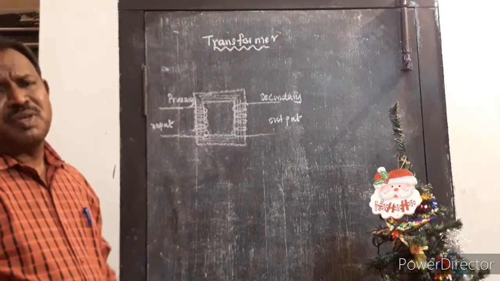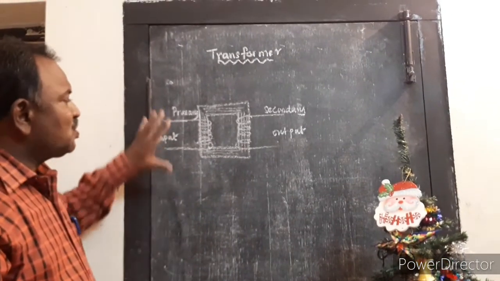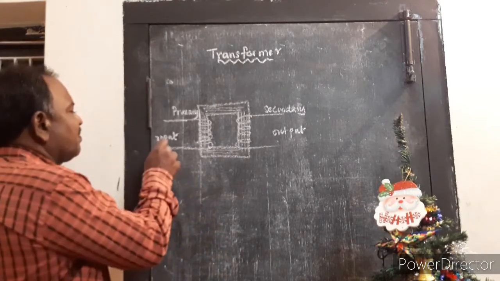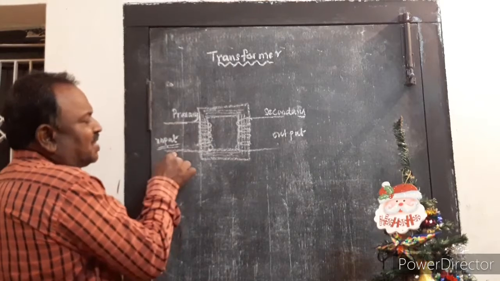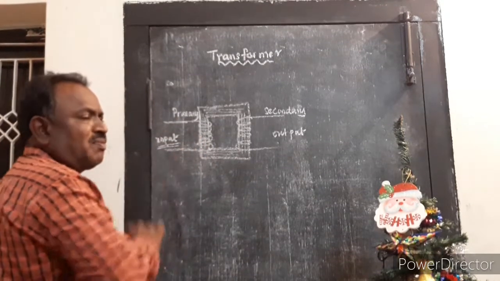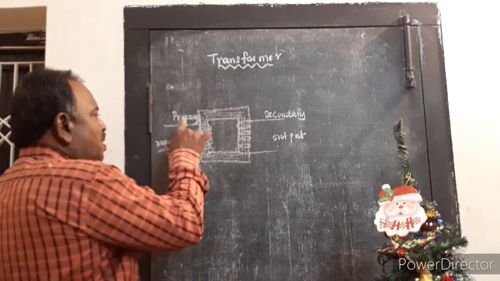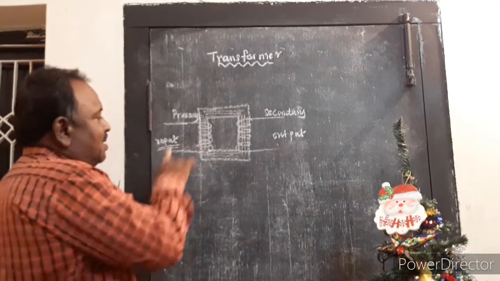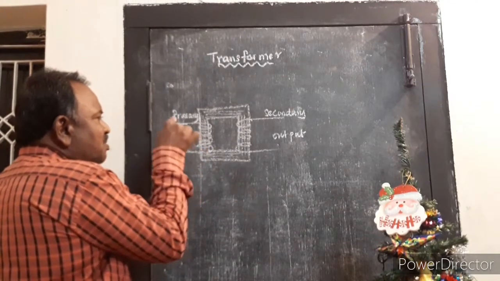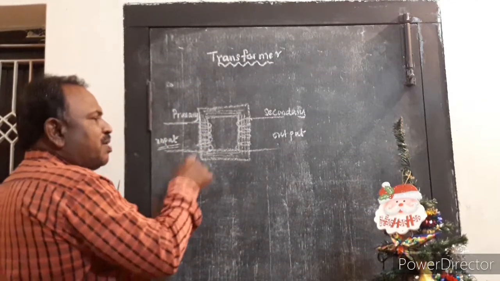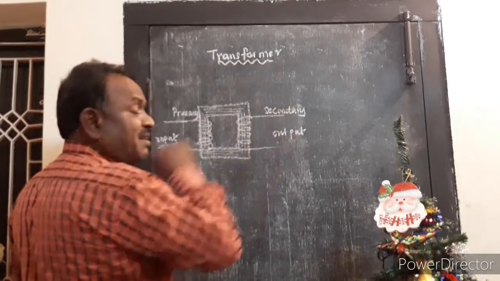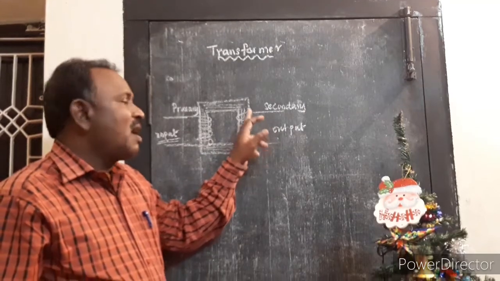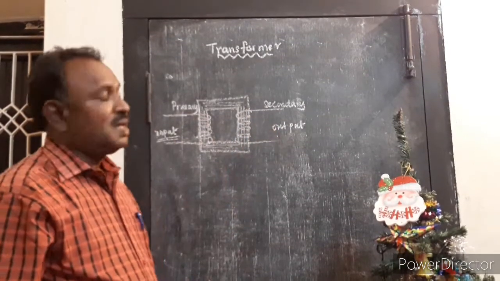When a varying AC current is applied to the primary coil, it produces a change in magnetic flux. This change in flux produces a change in the flux in the secondary coil, and due to this, an EMF is induced.